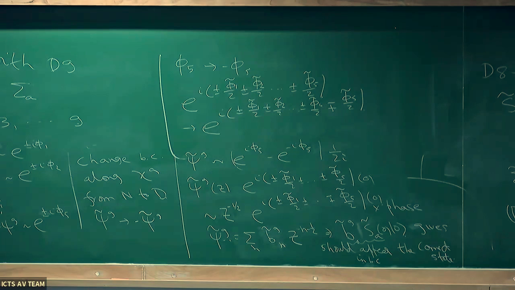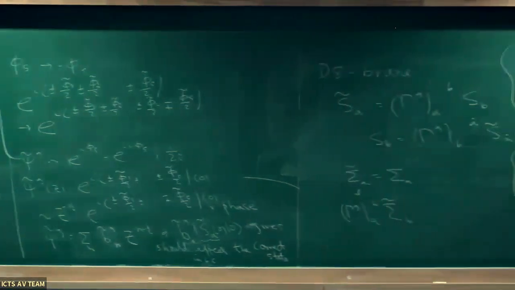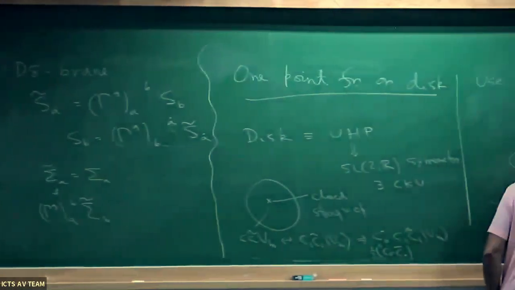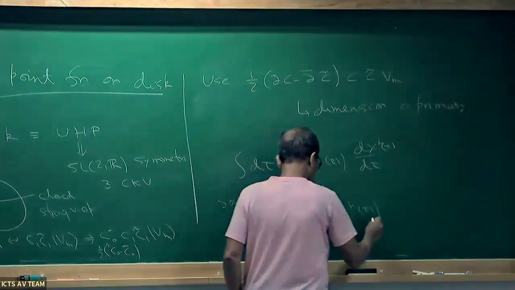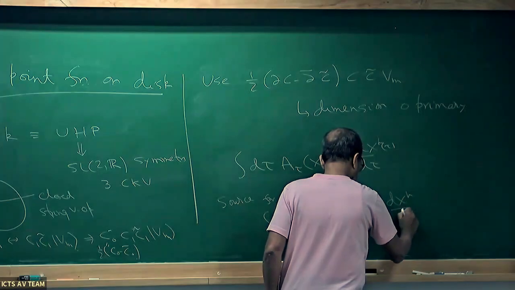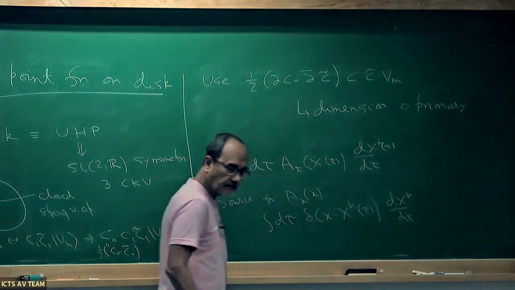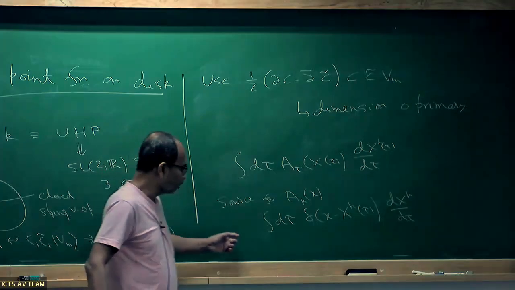If you calculate the derivative, the source for A_mu is the integral d tau delta of x minus x^mu of tau. This is the full coupling. Okay, so this is the source.